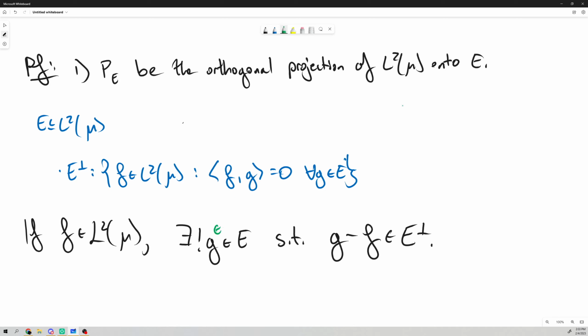So g right here is what I mean by talking about the orthogonal projection.